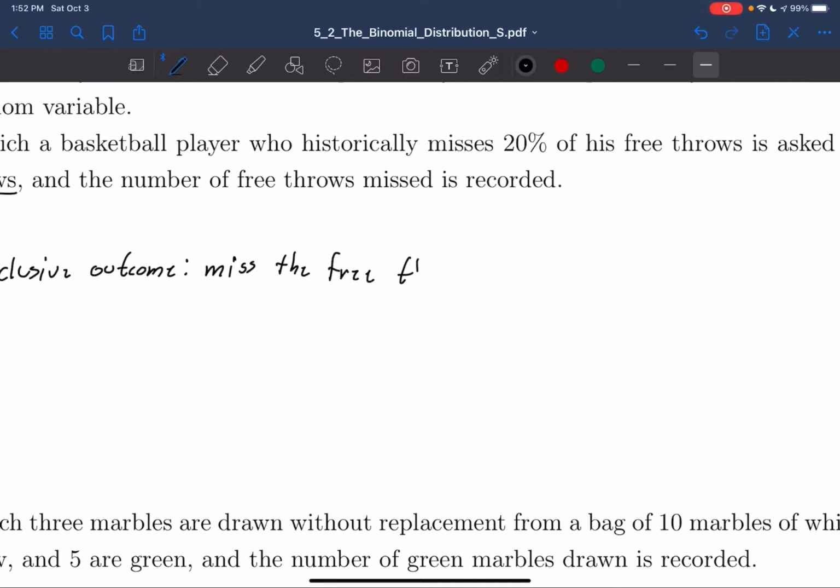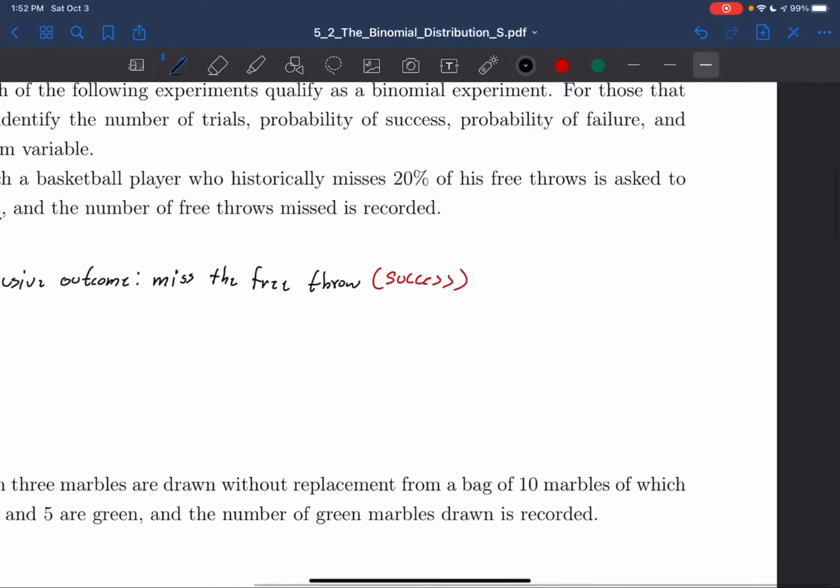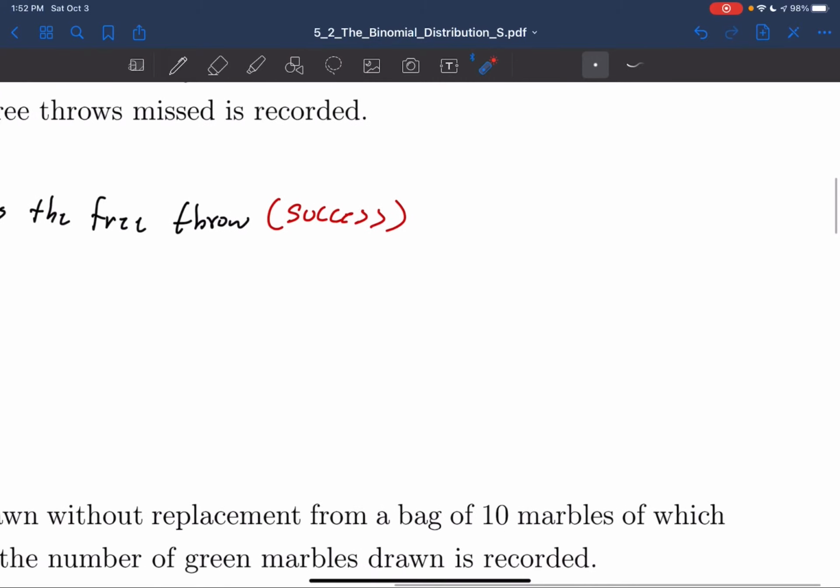In this case, this is marked as a success. So just the thing you want to note is that a success, quote unquote success, doesn't always mean a good thing. It could also sometimes be a bad thing. So like missing a free throw could be considered bad, but in our experiment, this is our success event.